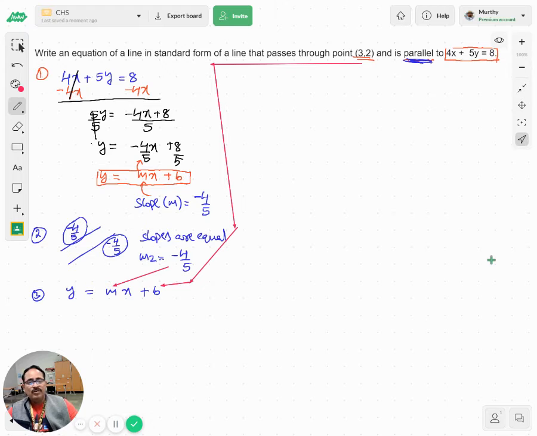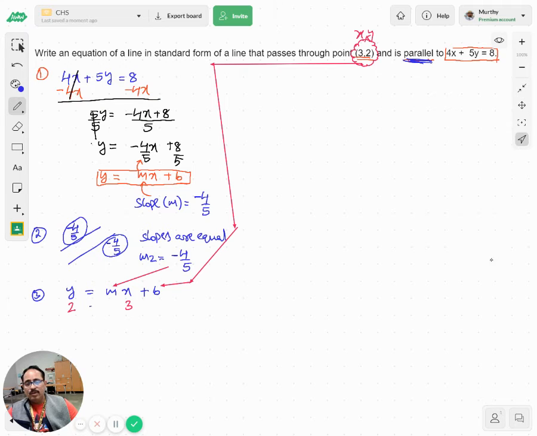So I see that the point is (3, 2), which means x is 3 and y is 2. Therefore the value of x is 3 and the value of y is 2 here.